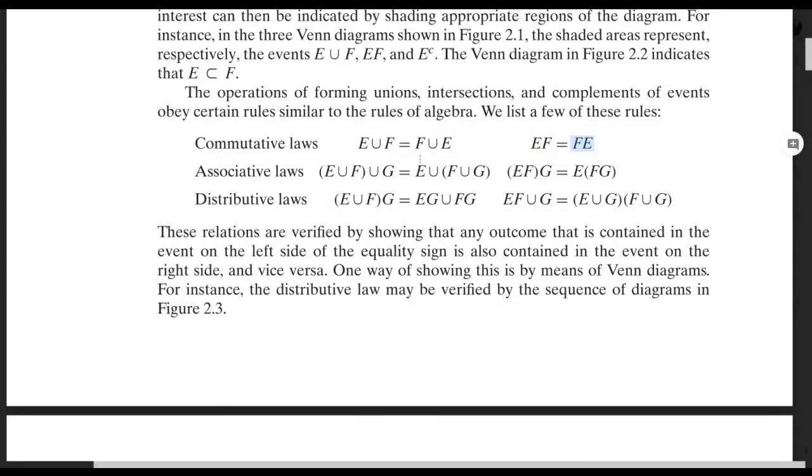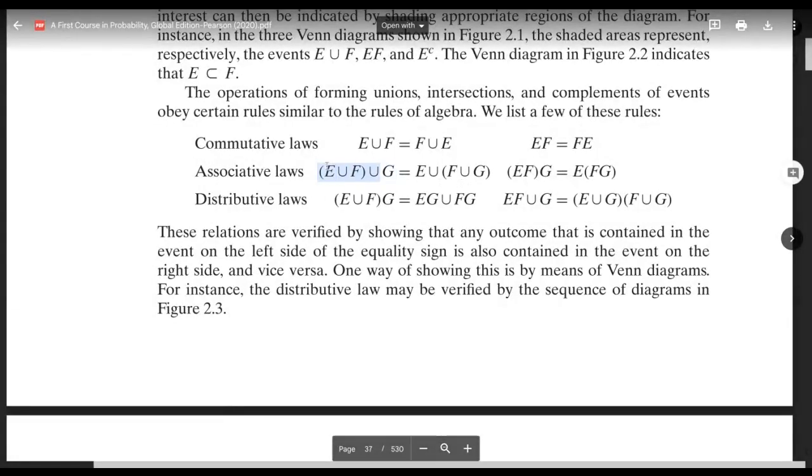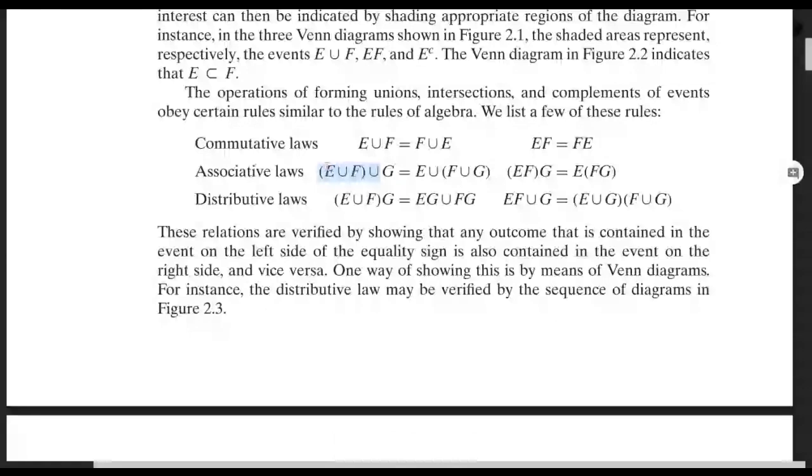We call this the commutative laws. Then the associative laws: if we have three events and it's a union, E union F union G, we can pick any two events to union first. It doesn't matter which two you union first, all right?